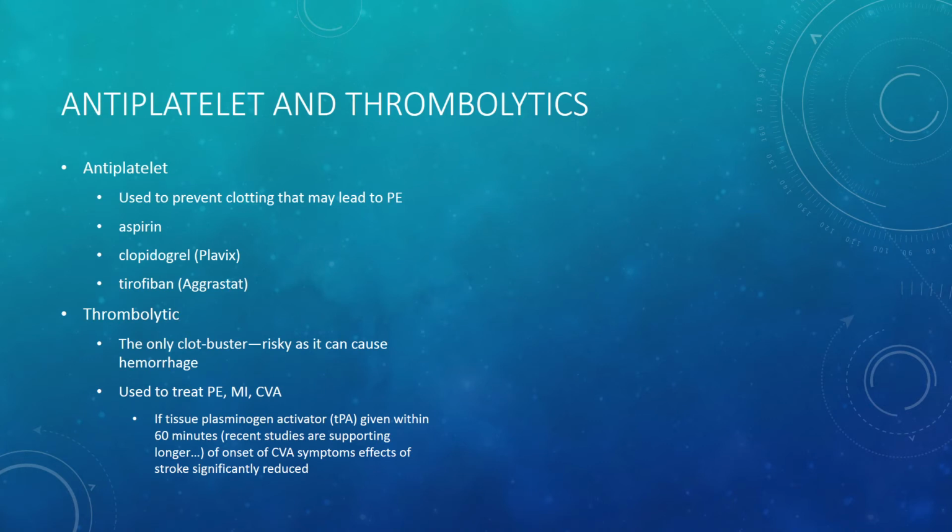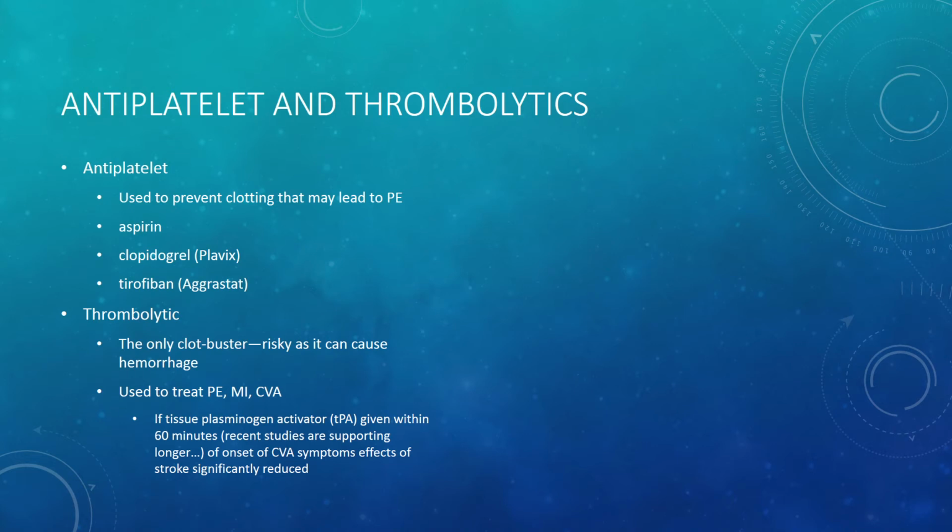And while this doesn't directly relate to respiratory disorders, it is relevant to pulmonary embolism. I wanted to touch on antiplatelets and thrombolytics. Antiplatelets are going to be used as preventative medications that prevent clotting that might lead to pulmonary embolism.